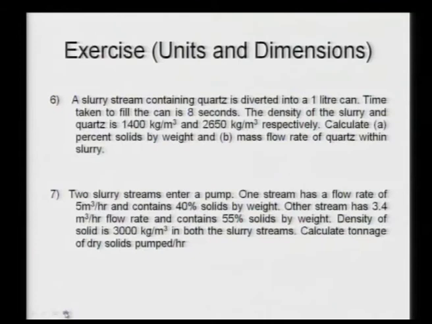Density of solid is 3000 kilogram per meter cube in both the slurry streams. Calculate the tonnage of dry solids pumped per hour. So, these are the problems given to you as exercises. Now, I will discuss one by one, and where I see that I should give the solution, I will give it, otherwise I will give the answer and proceed to the next. So, let us take the solutions of the exercise.